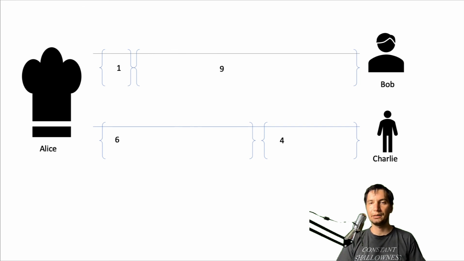Because for receiving, you need a capacity, you need to have a channel where someone can send you some Bitcoin. So in this case, Bob can only receive one more Bitcoin, and if he wants to receive more Bitcoin, he needs to convince someone to open a new channel to him.